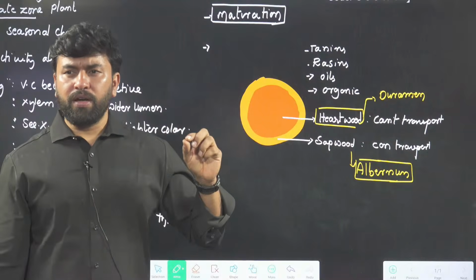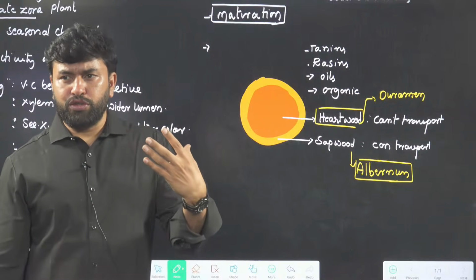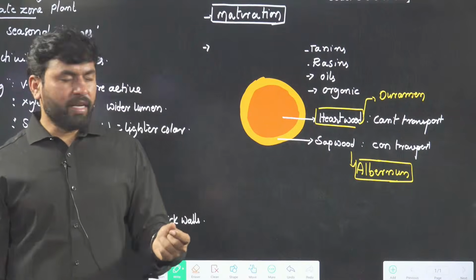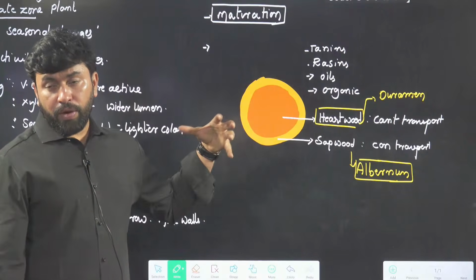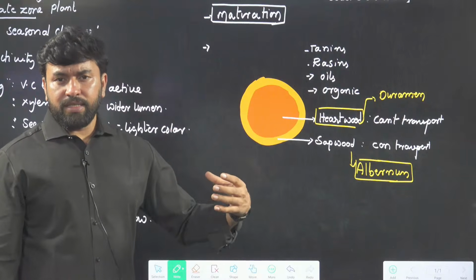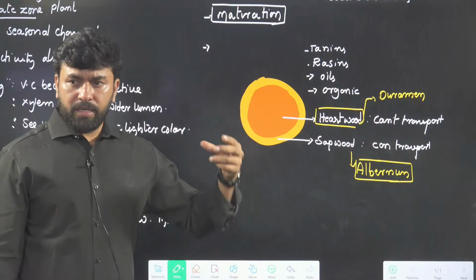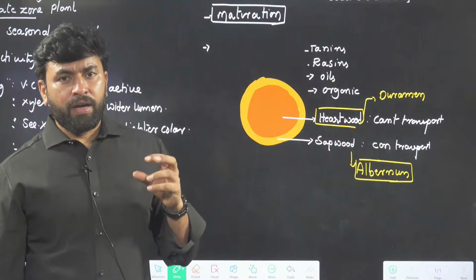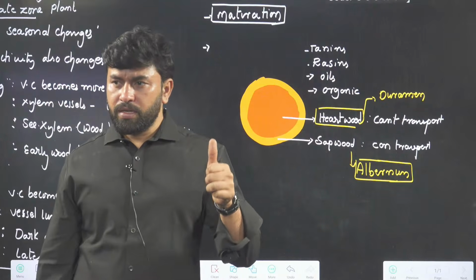Heartwood and sapwood are formed based on physiological maturation. Gradually, when the plant is getting matured, at that time we will get this. When a plant is living in a zone where seasonal changes are very sharp, in that case you will develop autumn wood and spring wood inside the plant. Got the idea?